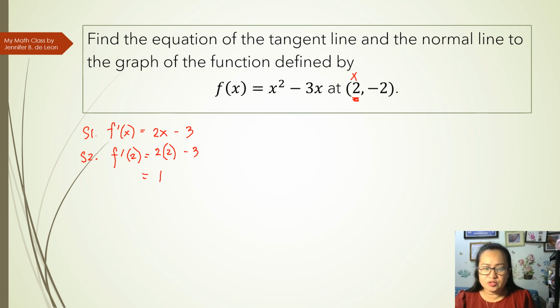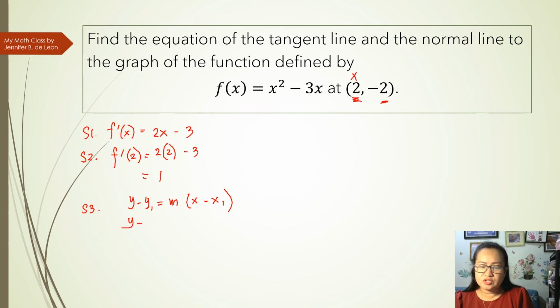Since the derivative is equal to 1, that means the slope of the tangent line is also equal to 1. To write the equation of the tangent line, we shall use the point-slope form of a linear equation. In this particular case, m is equal to 1, and the values of x and y are also given here.